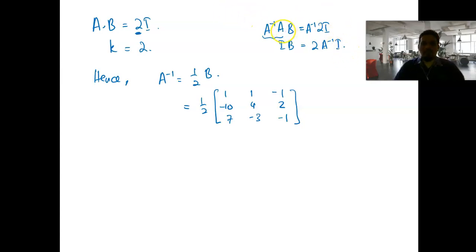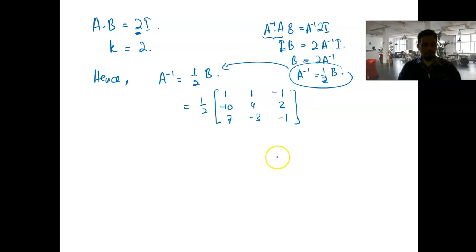When the matrix A is multiplied with its own inverse, automatically it's going to give you the identity matrix. And the identity matrix multiplied with any matrix is going to give you B, and this one is 2A inverse. So then A inverse equals 1 over 2 B. Okay.